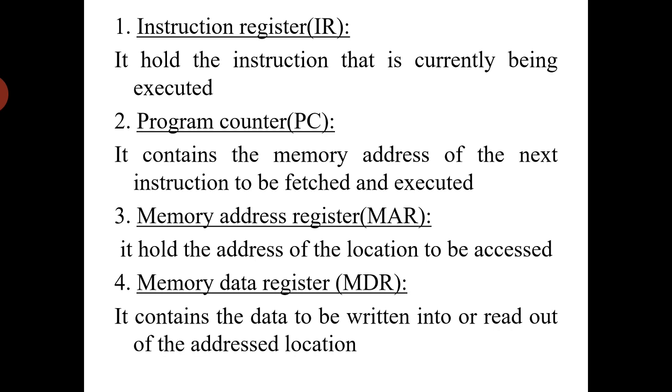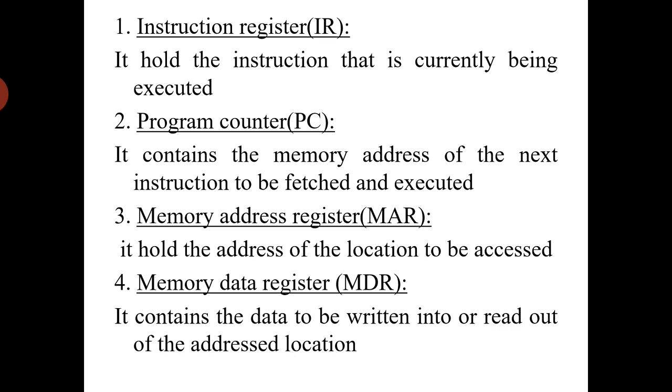During the execution of an instruction, the content of the program counter is updated to the address of the next instruction to be executed. So this is the program counter.